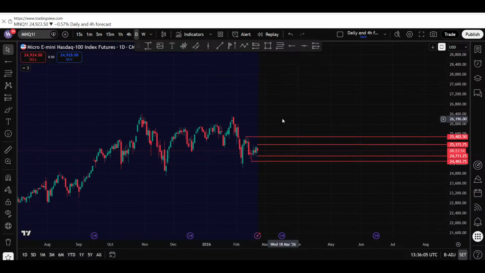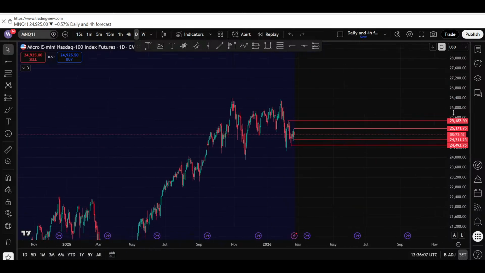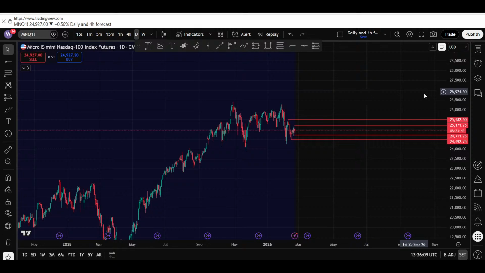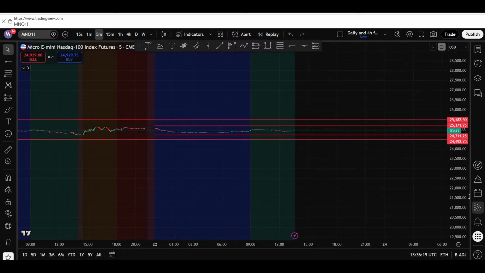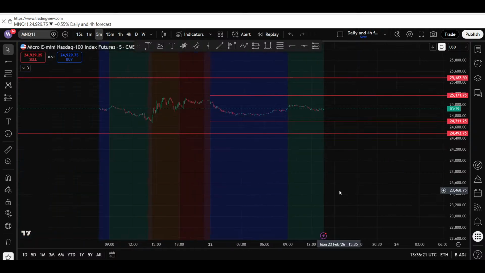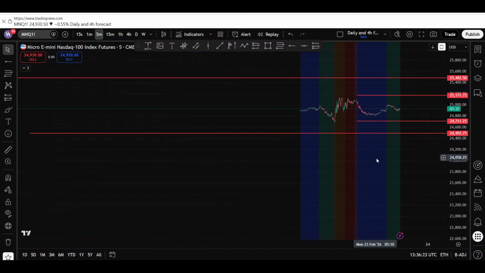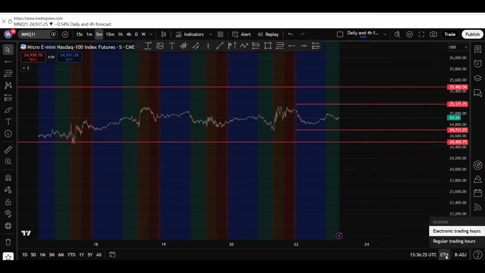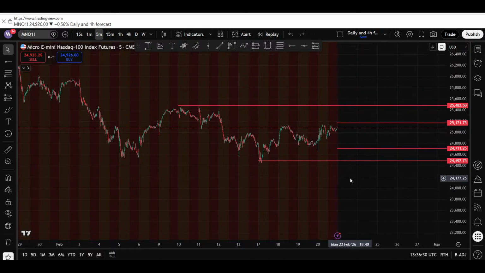The only way volume profiles are useful in TradingView is if you go 15 minutes or 5 minutes, and you switch from electronic to regular hours. You know just how New York sessions behave.